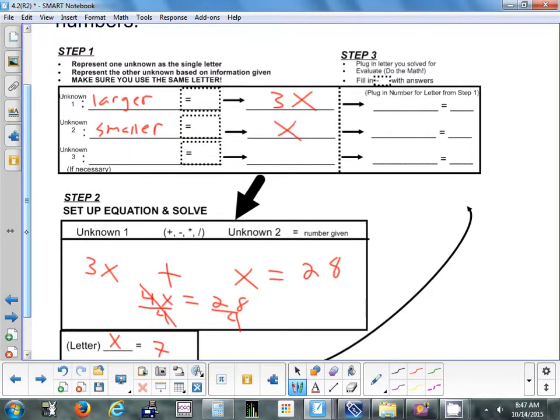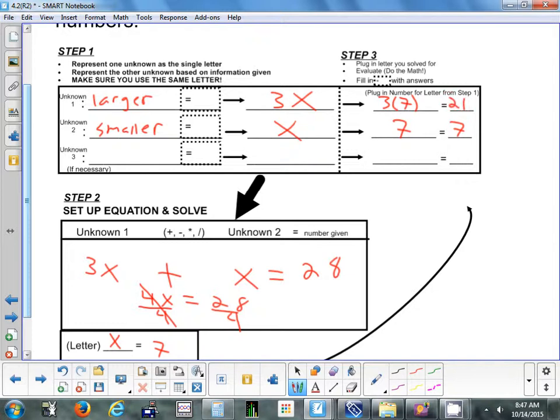All right, so now we can plug that back in for smaller. Okay, in the bottom one, there's no arithmetic. There's nothing to simplify. Plug in 7 for x. It's 7. In the top one, there's a little bit of arithmetic, but not too much. X is 7. What's 3 times 7? Yeah, 21.